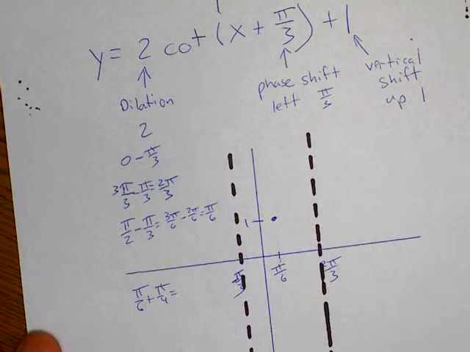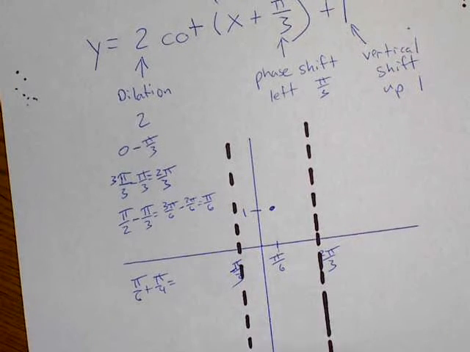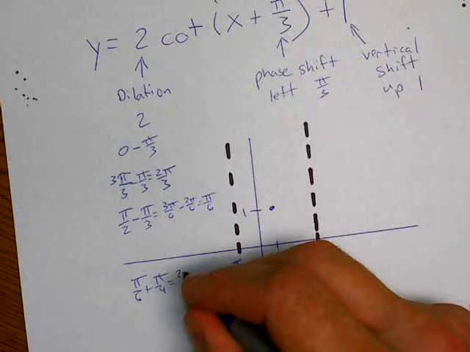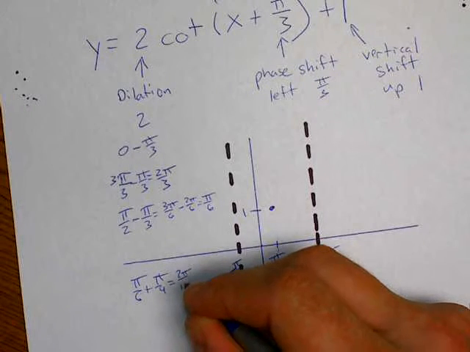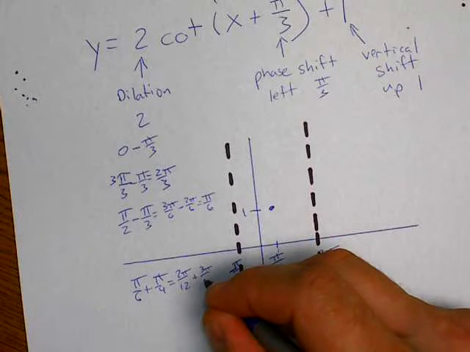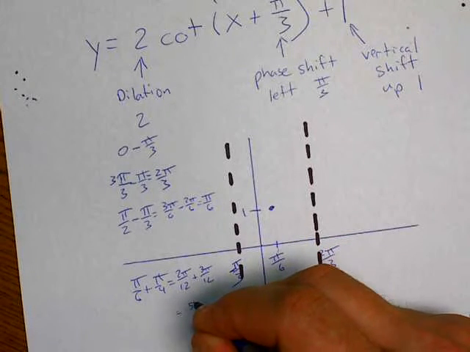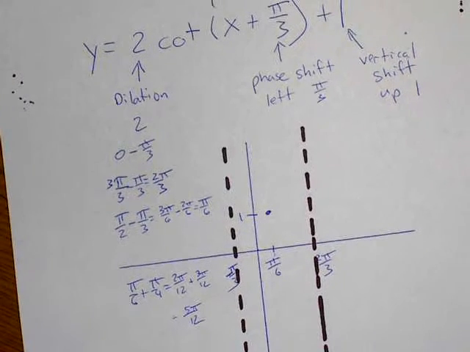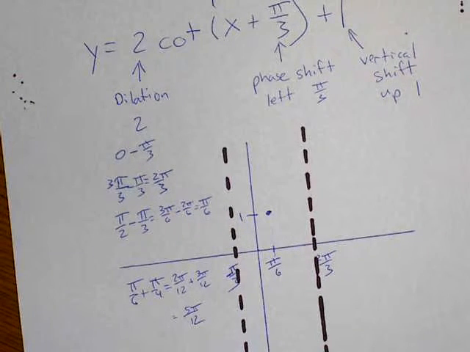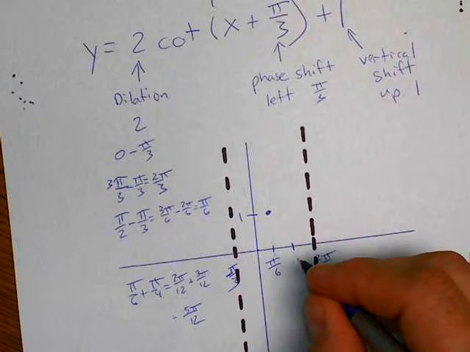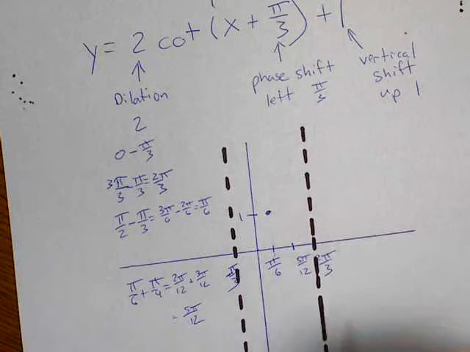Okay, and that is going to get me 2 pi over 12 plus 3 pi over 12, which is equal to 5 pi over 12. Okay. So I'm just going to stick that in the middle. This is 5 pi over 12.